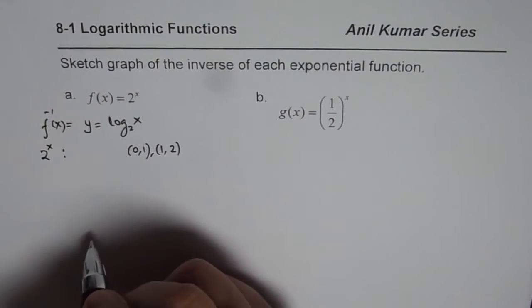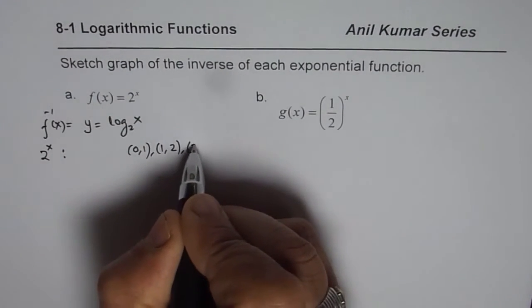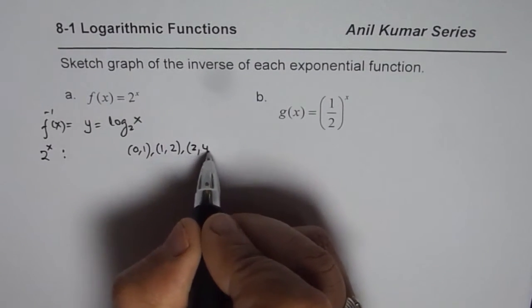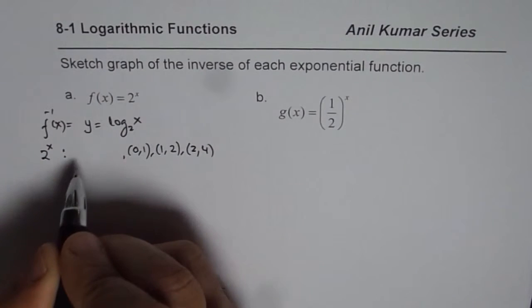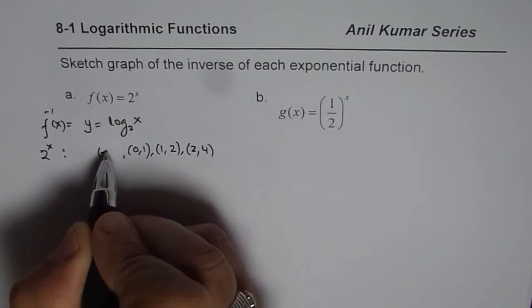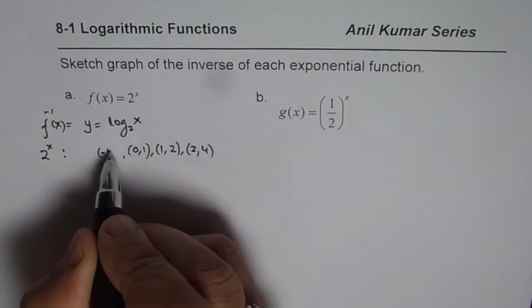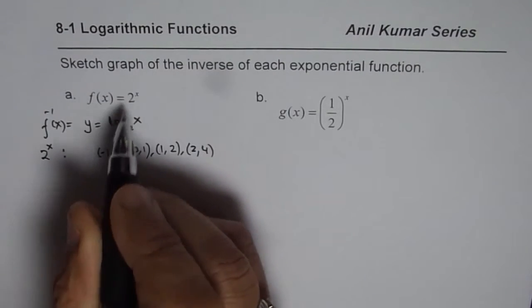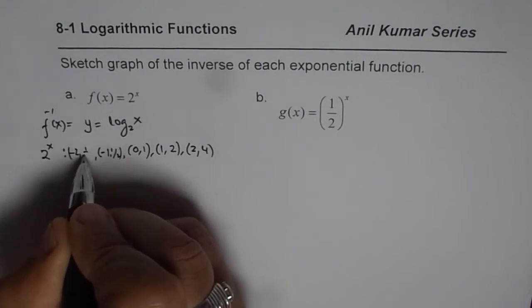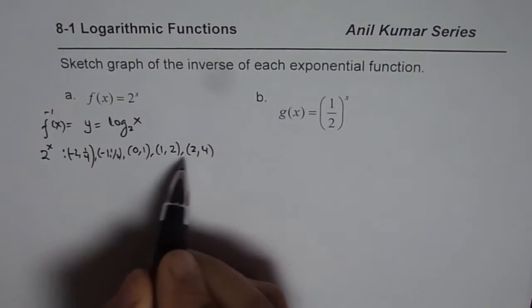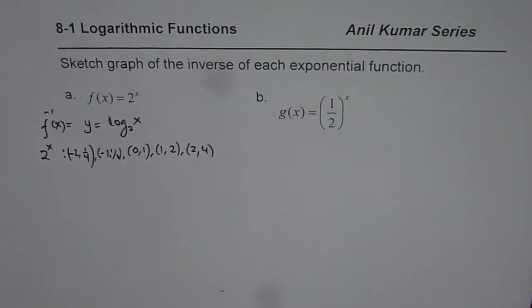So that's a good point to start. And then you can take 2 squared, which is 4. These are good points on the positive side. And on the negative side, we could take minus 1. Anything to the power of minus 1 will give me half, 1 over 2. And for, let's say, minus 2, we'll get 1 over 4. So these are good points to take.